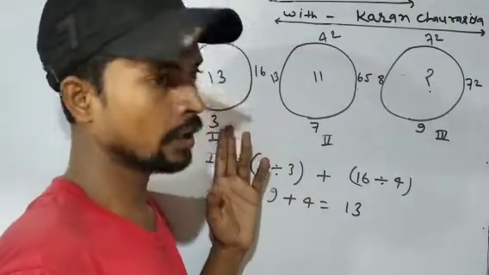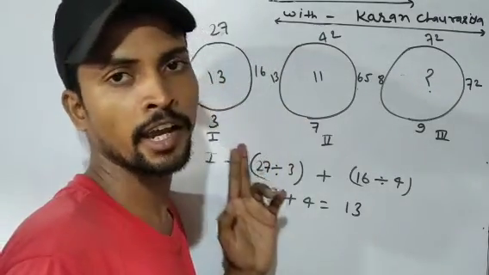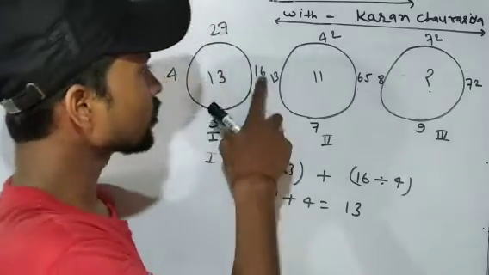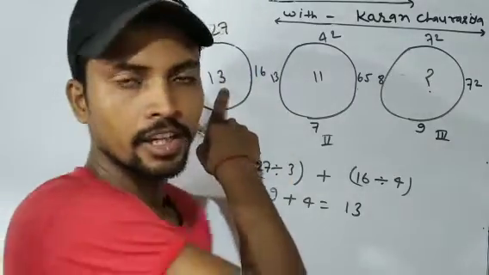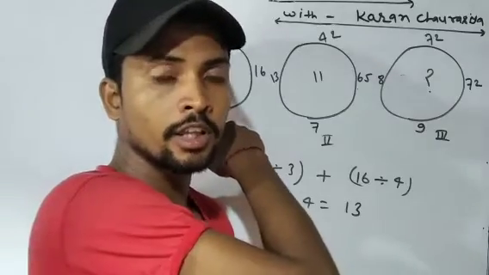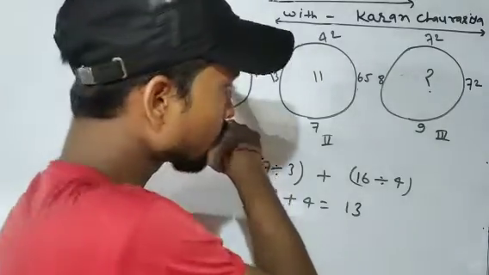This question is based on divide and add. When 16 is divided by 4 and 27 divided by 3, we add them to get the number inside the circle.